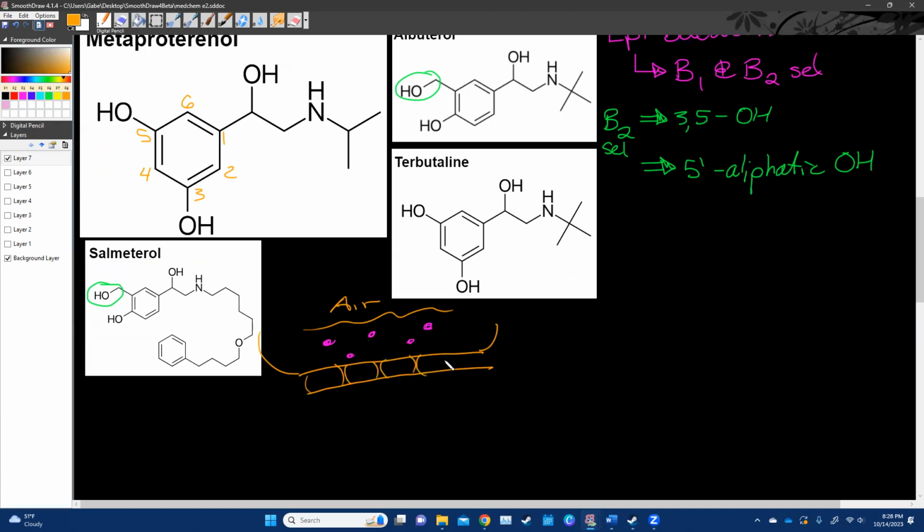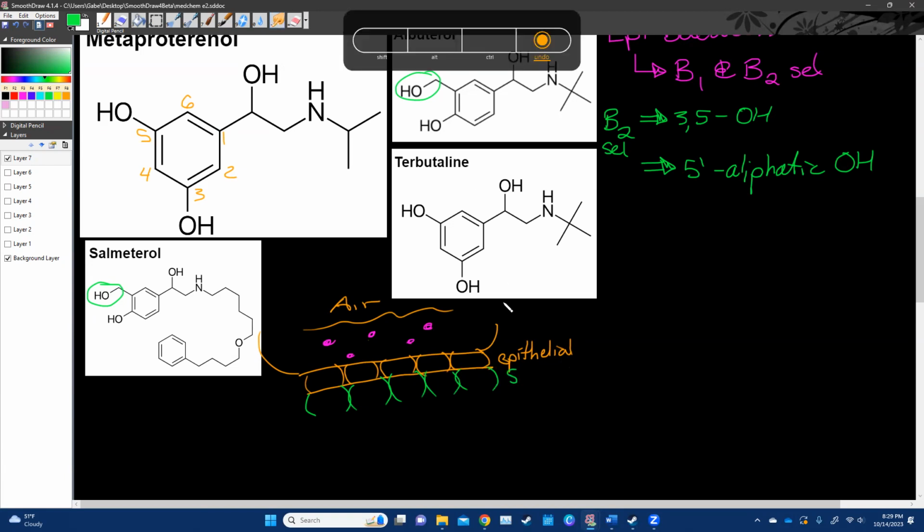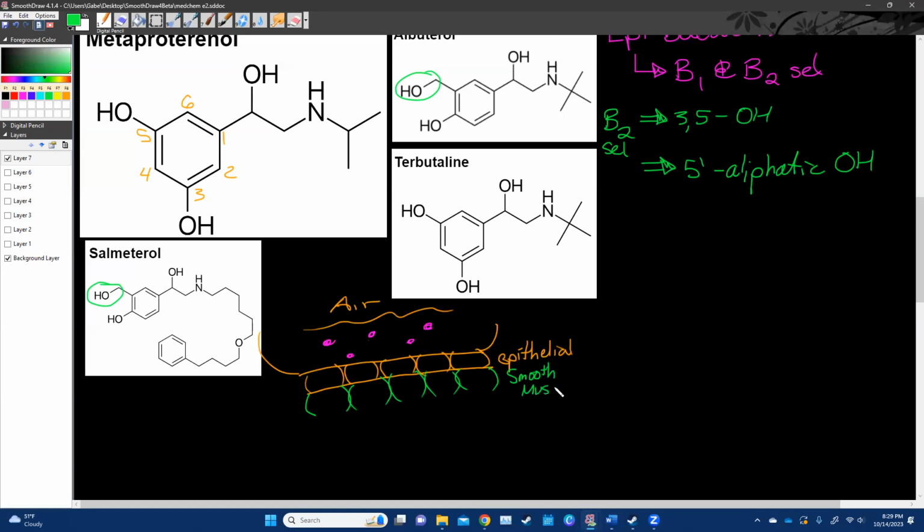What is lining our lung are epithelial cells. Beneath the epithelial cells, we have smooth muscle. Are we trying to affect the epithelial cells or the smooth muscle when we treat asthma?